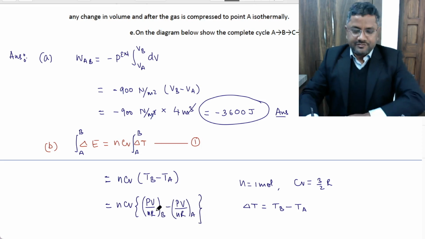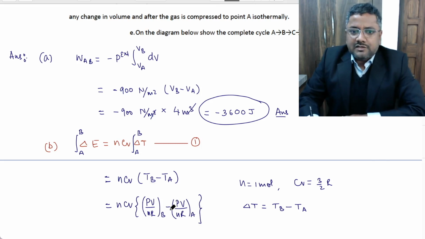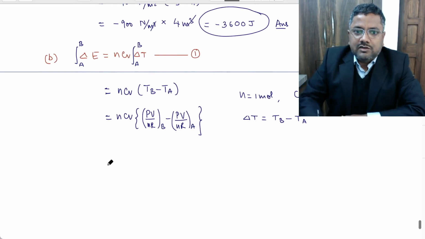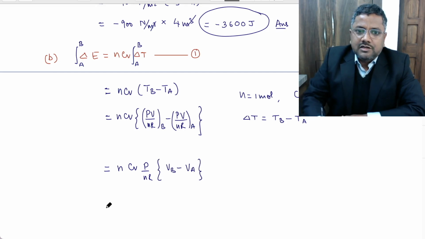And you know, pressure is constant because the process is isobaric. So this is equal to nCv into P by nR, which we can take out because n and R are constant. So here we have VB minus VA, right?